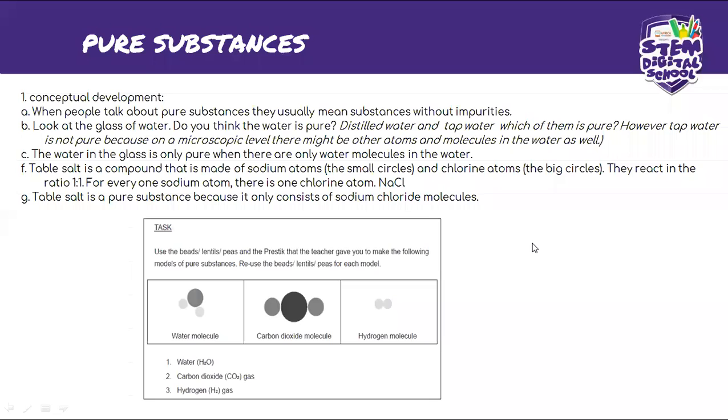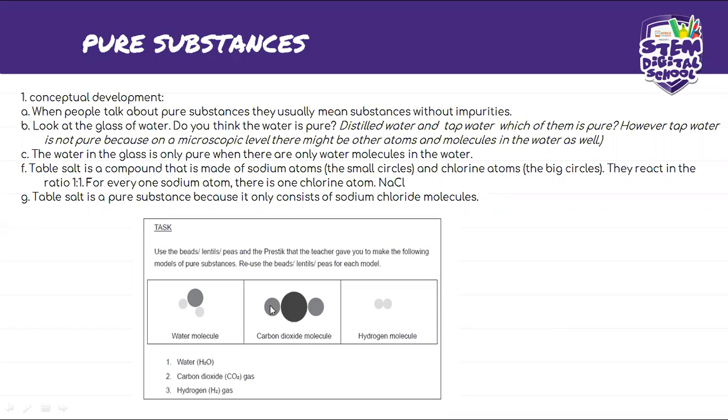For every one sodium, there is one chlorine atom. So we have sodium chloride here. The ratio is 1:1, meaning for every sodium, you react with one chlorine. So table salt is a pure substance because it only consists of sodium chloride molecules. Very good.